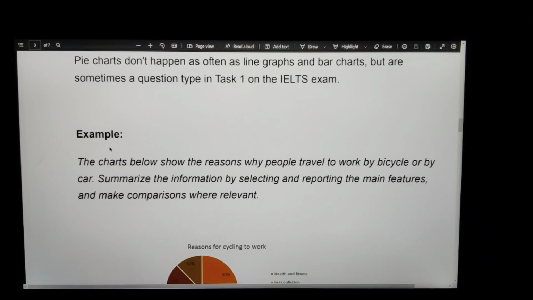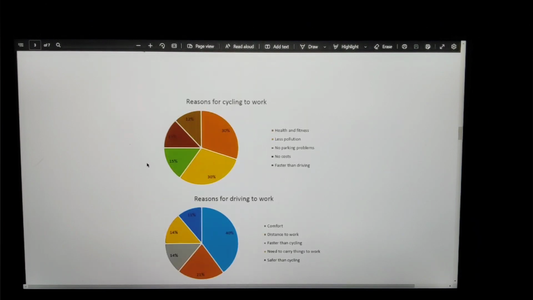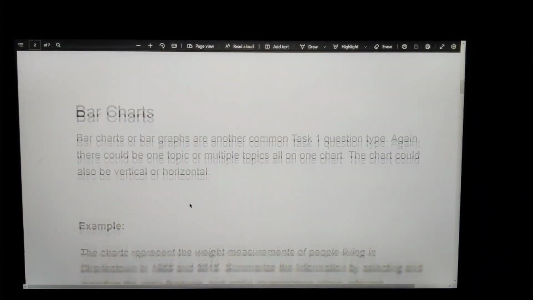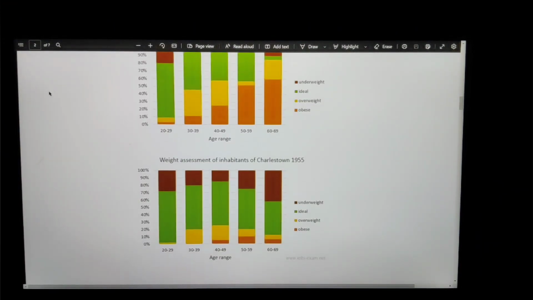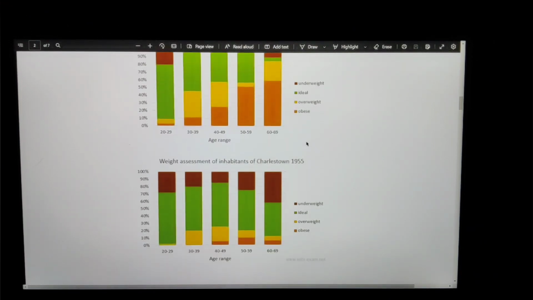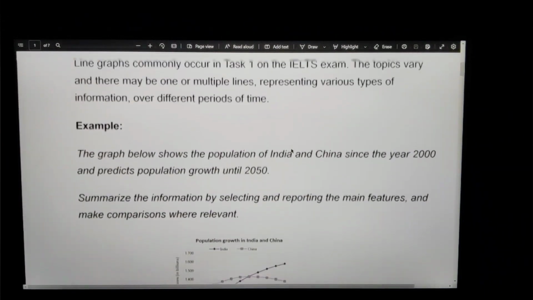In a pie chart, we'll talk about the first pie chart in the third paragraph and the last pie chart in the fourth paragraph, and the second paragraph will comprise the main features of both. In a bar chart, it's the same: the third paragraph will consist of the first diagram assessment and the fourth paragraph will consist of the second diagram assessment.